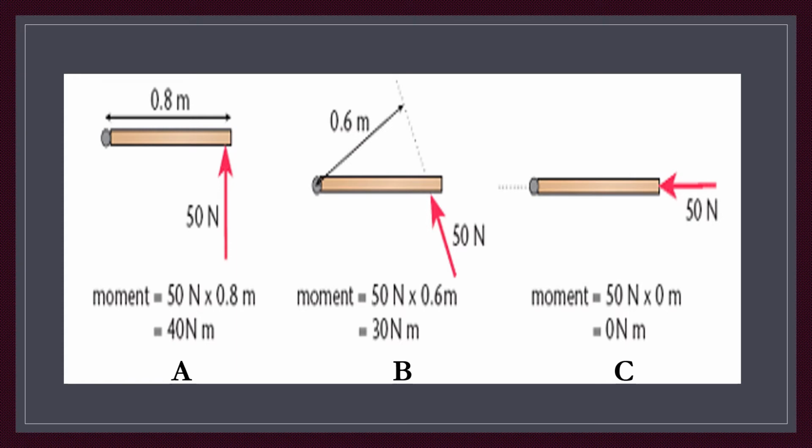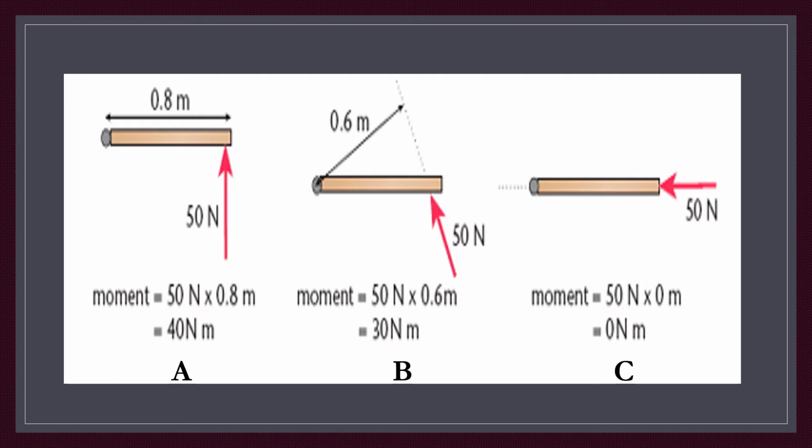Then we can get the perpendicular distance from the hinge, which in this question is 0.6 meters. Therefore, the moment is 50 newtons multiplied by 0.6 meters, which is 30 Newton meters.